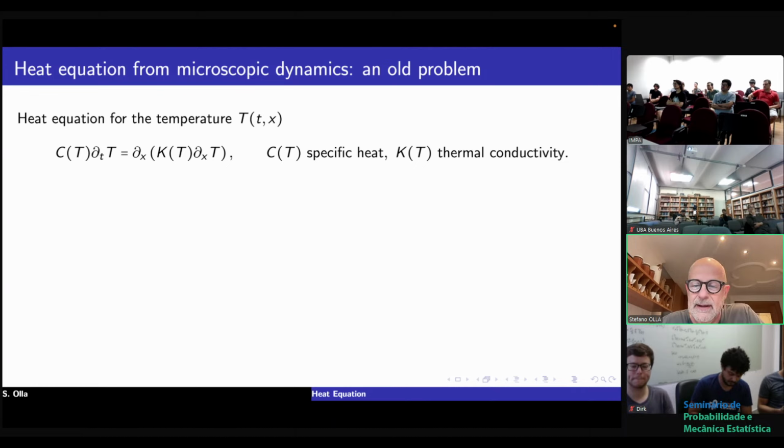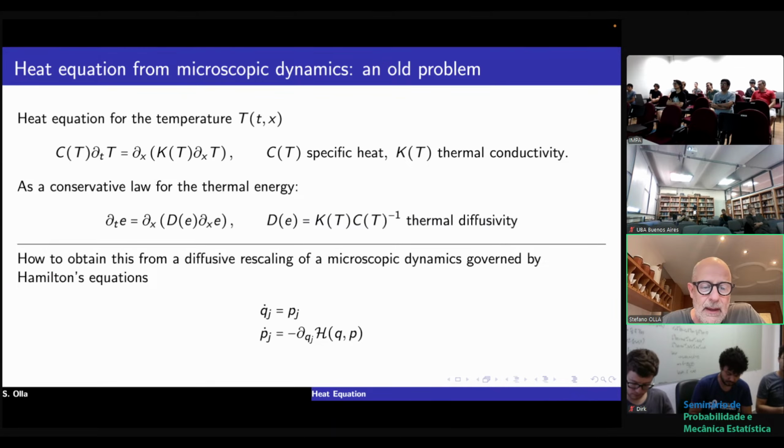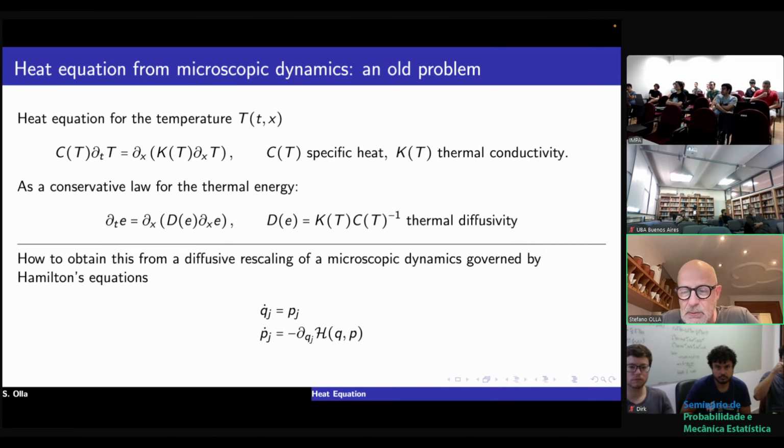K is the thermal diffusivity, C is the specific heat, and T is the temperature that evolves in time and in space. Maybe it's better to write it in terms of the conservation law for the energy. Energy and temperature are not necessarily the same thing, but in the case we will study later, they will be the same thing.